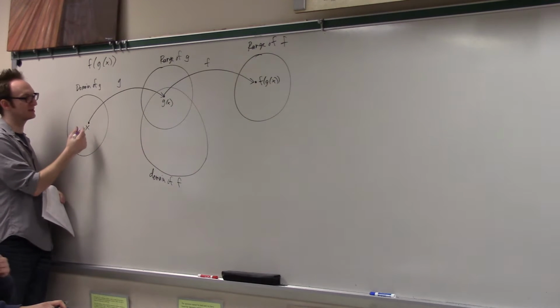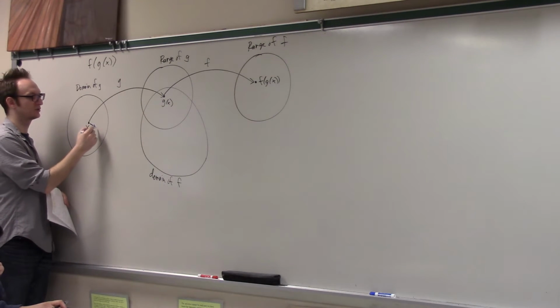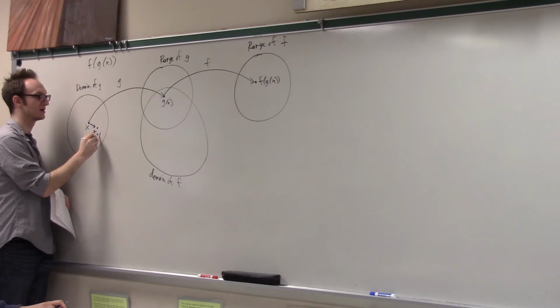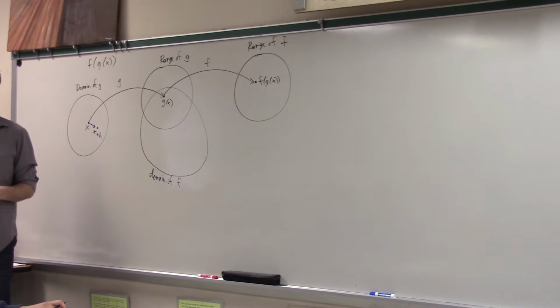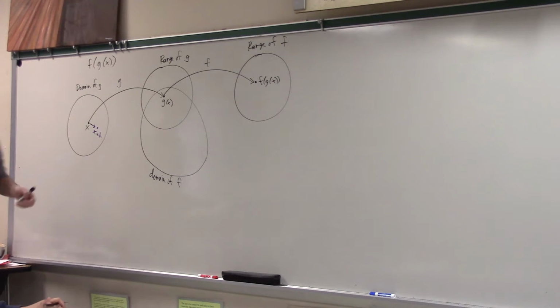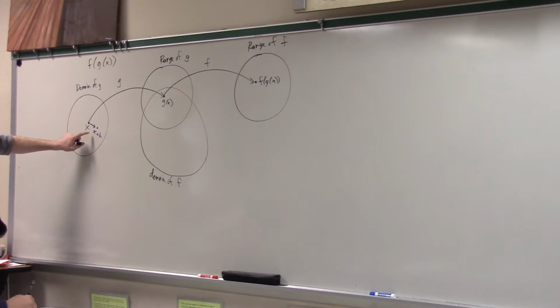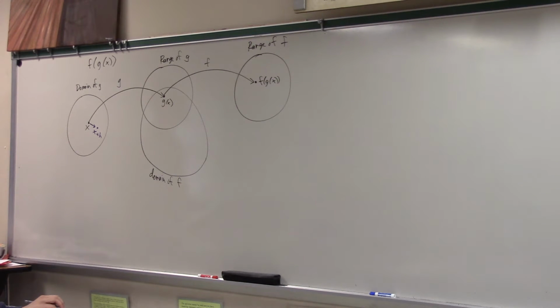Instead of plugging x into g, I'm going to wiggle x slightly so that it becomes not x but x plus h. All right. What effect is that going to have? Someone talk to me.